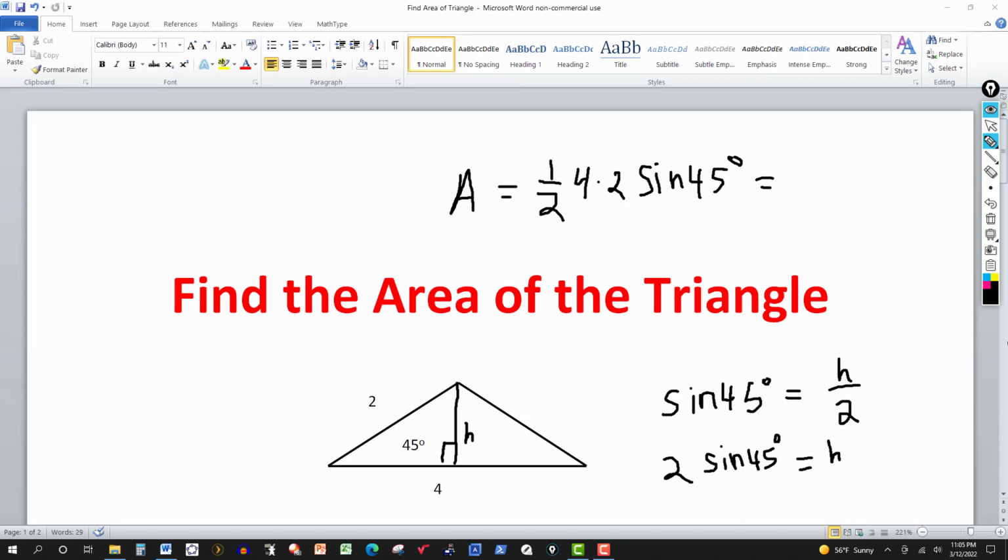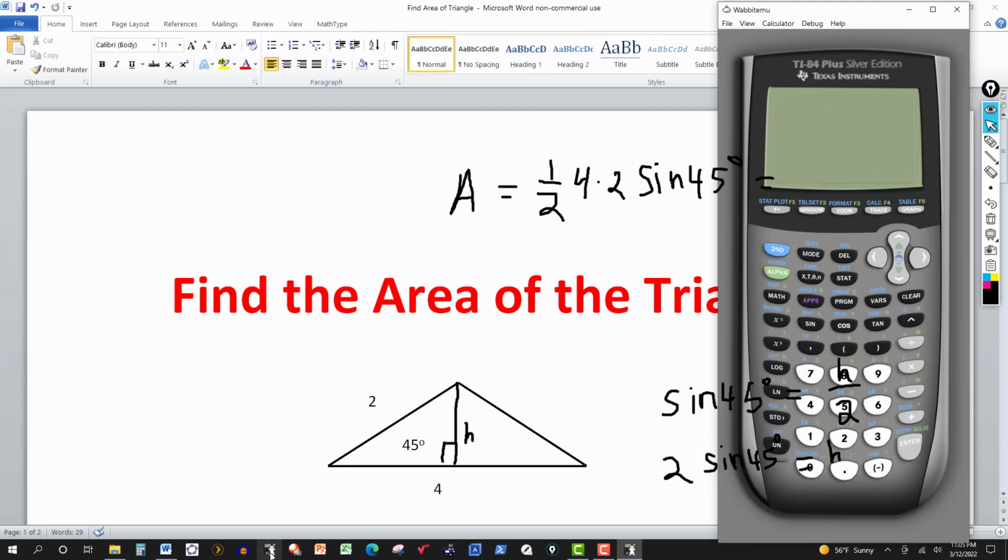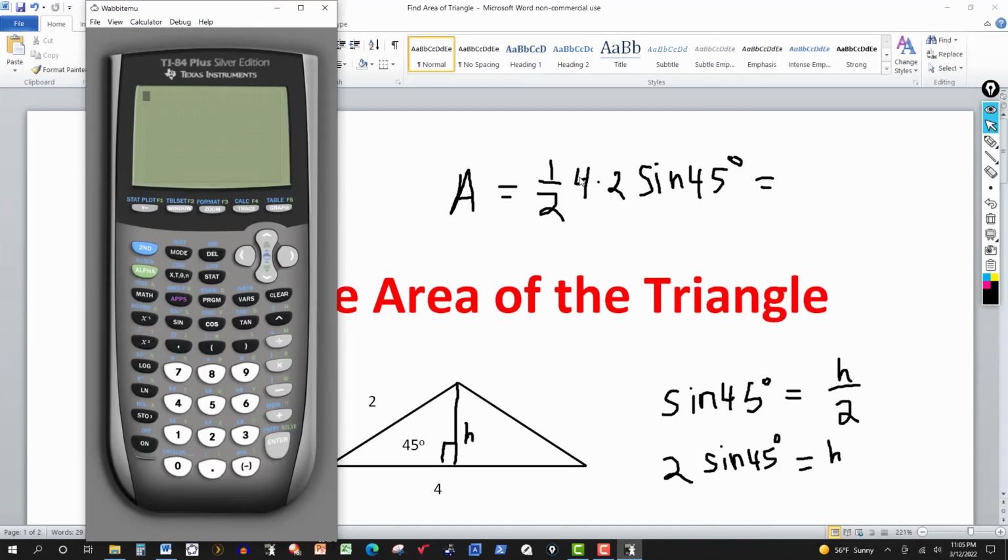Now we can compute this out to get an approximation. So this will be 1/2 of 4 and 2. This will be then 4 times the sine of 45.